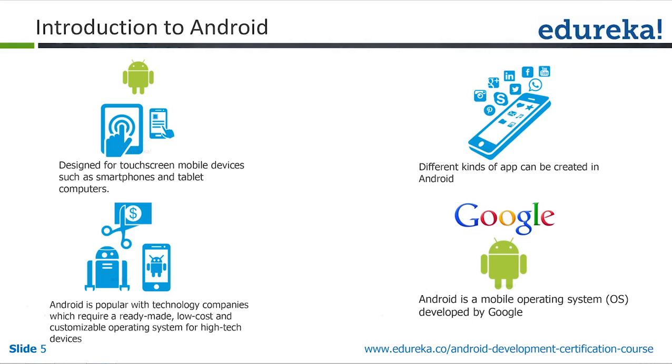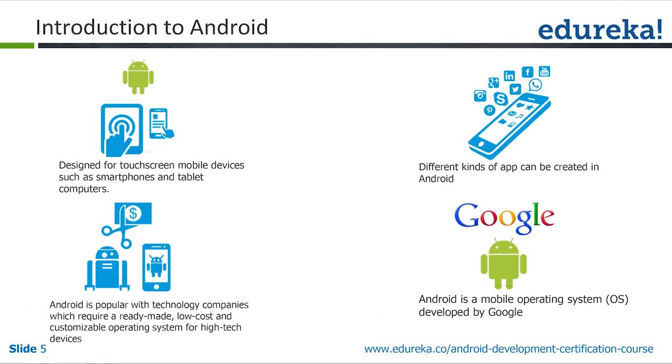And Android is popular with technology companies which require a low cost and customizable operating system. That is the biggest advantage of the Android operating system. Android is an open source operating system, as we all know, and you can customize it. Because it is open source, you can take the source code of Android and customize it according to your own need.